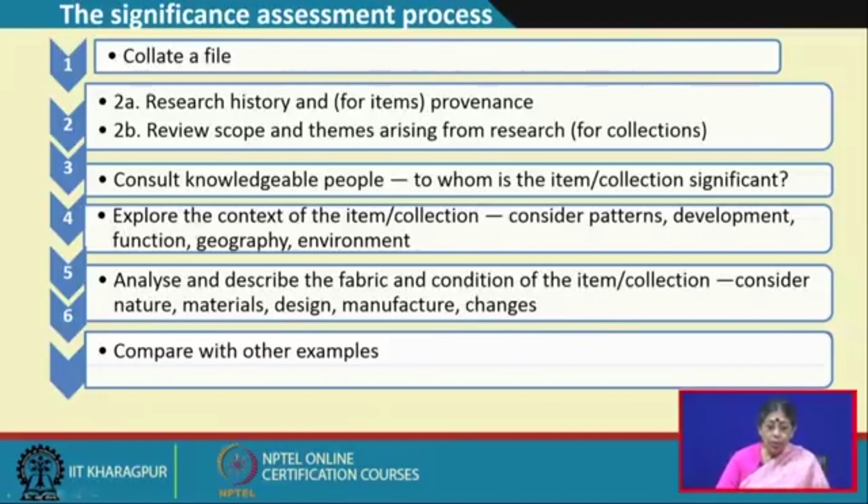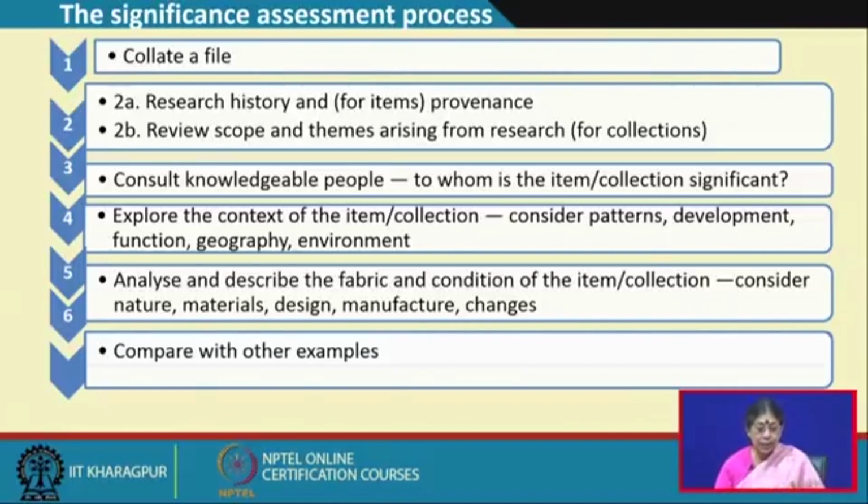Fourth, explore the context of the item or collection, what context they belong to, and consider patterns, development, function, geography and environment. Fifth, analyze and describe the fabric and condition of the item or the collection, considering nature, materials, design, manufacture, the changes which have been taking place, and compare with other examples. This is very important.